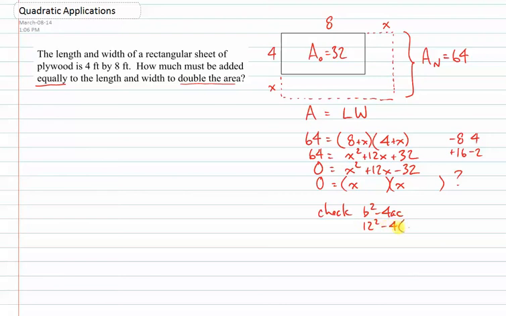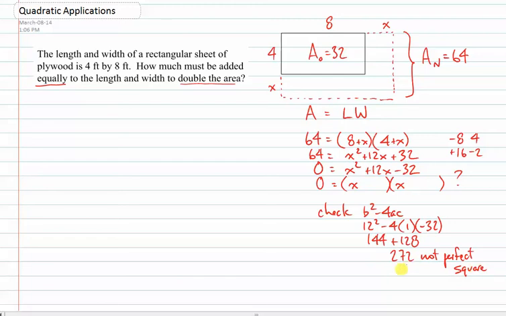So substituting the values into the discriminant and simplifying, I see that I have 144 plus 128, which is 272. This is not a perfect square. And so because it's not a perfect square, I'm not going to be able to find integer values to put into the factors.